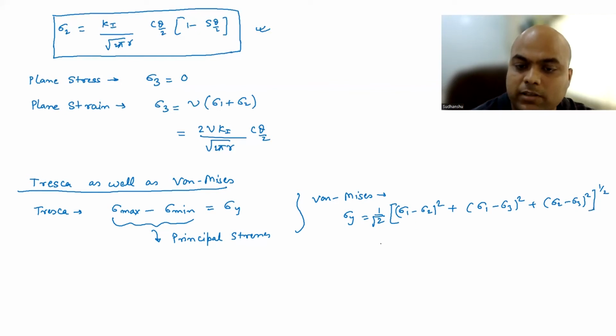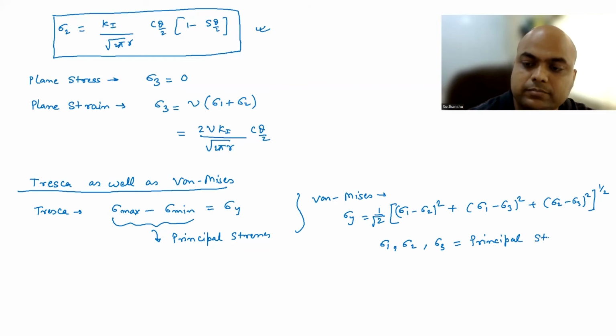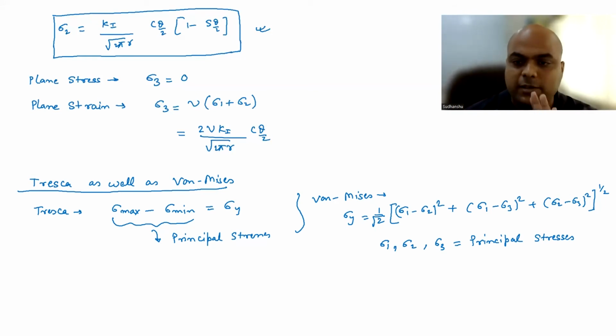Okay. And all these sigma 1, sigma 2 and sigma 3, these are also principal stresses. Okay. So now we know what is sigma 1, sigma 2 and sigma 3. We have to just place these values and then we are going to figure out the correlation between K1, Ry, theta and sigma y, what we have already done on the crack plane before. Okay. So let's calculate for plane stress condition first.